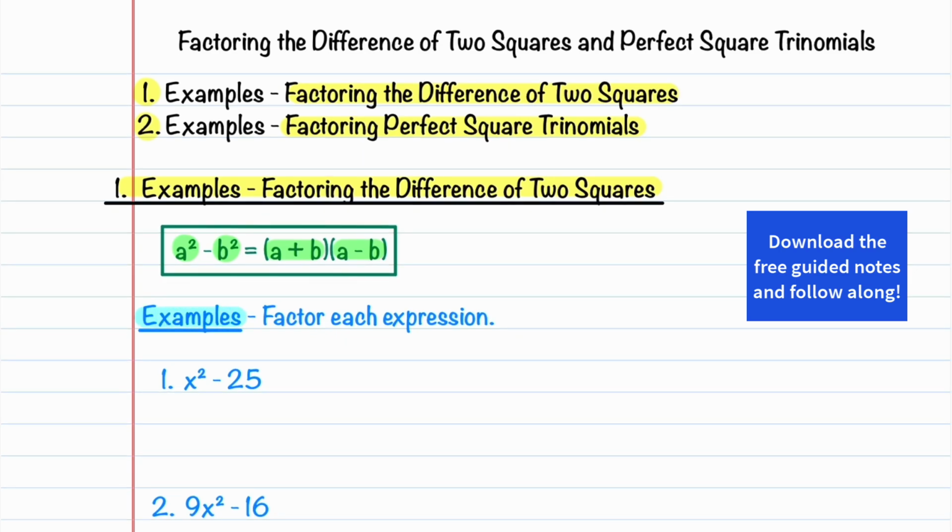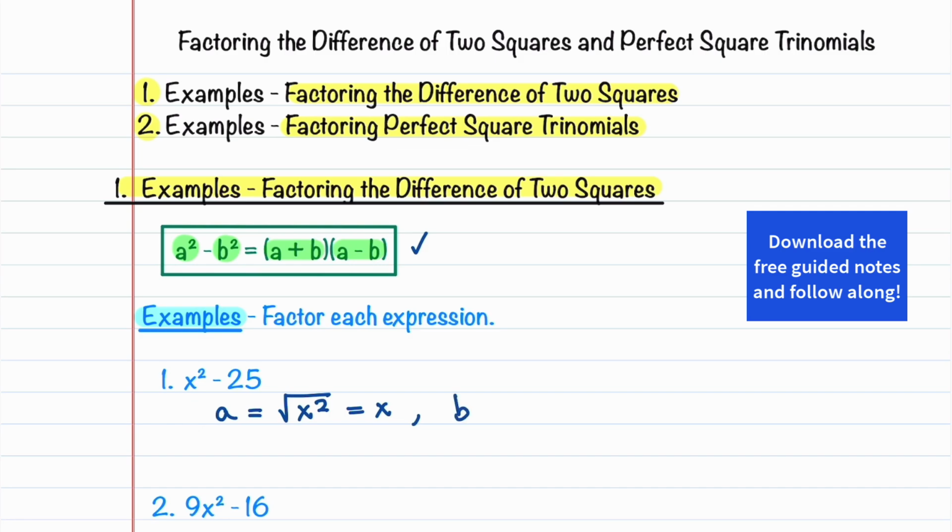The first example is x squared minus 25. We want to begin by finding a and b so that we can apply this formula. Our a is going to be the square root of our first term, which is the square root of x squared. So that's going to be equal to x.